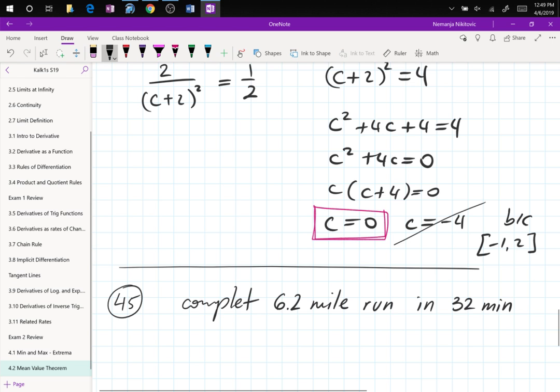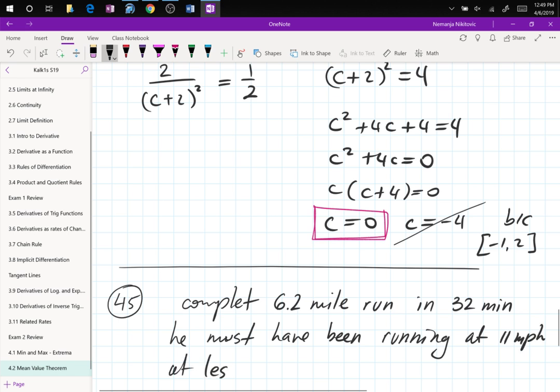It says he must have been running at 11 miles per hour at least twice.